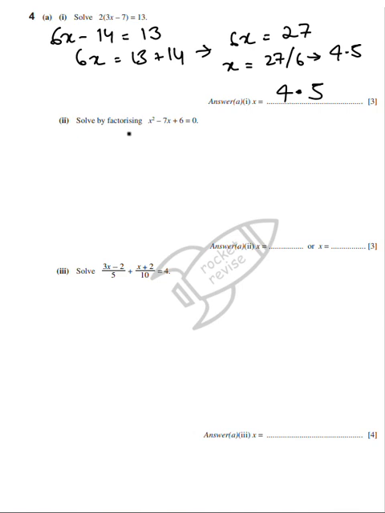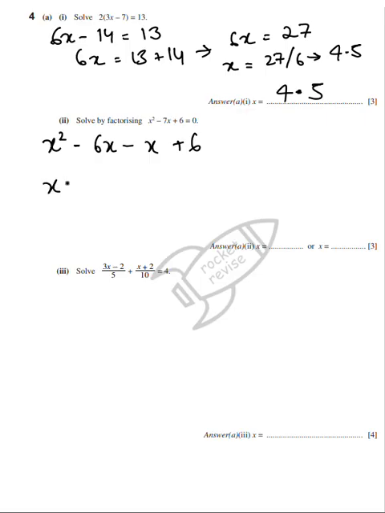Solve by factorizing. Now we need to have the answer in the form of factorization. If someone uses the quadratic formula in this case, they will get only 1 mark, even if they reach the correct answer, of course. What do we do here? X squared minus 6x minus x plus 6, right?